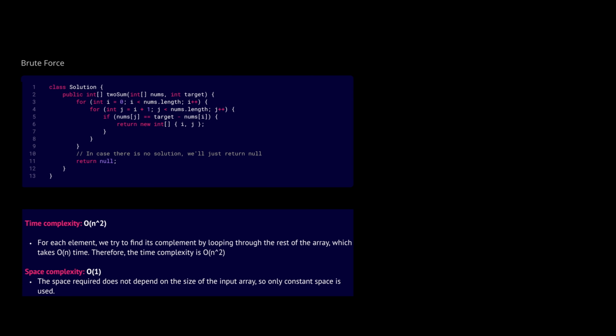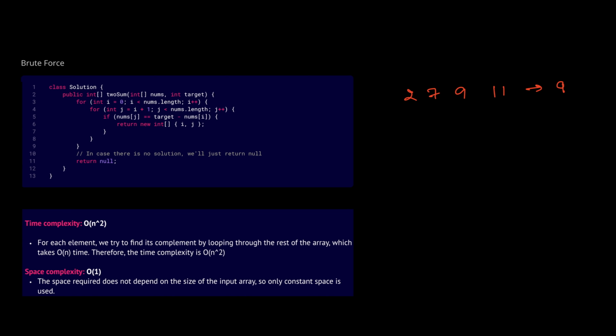For example, there was an input 2, 7, 9 and 11, where we were looking for the number 9. What is the worst possible solution you can think of?